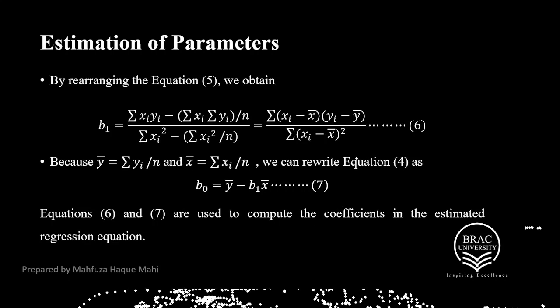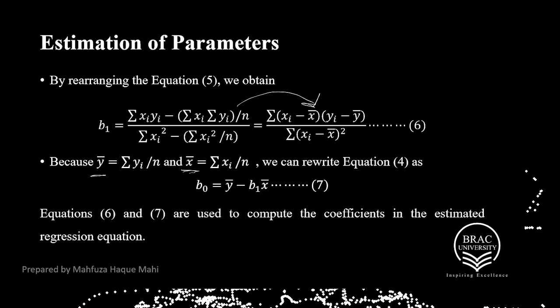This is also an equivalent form of this term, so we can write any one of these. We know that y bar equals summation of yi divided by n and x bar equals summation of xi by n. So using y bar and x bar in equation 4, we get that b0 equals y bar minus b1 x bar.